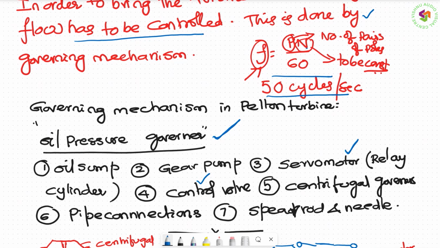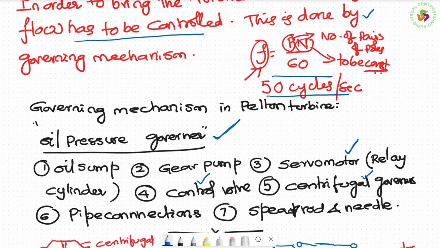Then the fourth component is the control valve. The control valve is basically a cylinder again, wherein two pistons will be there, and these pistons allow the flow into valves V1 and V2, depending on whether the spear rod has to be pushed inside or pushed back. Then the centrifugal governor.